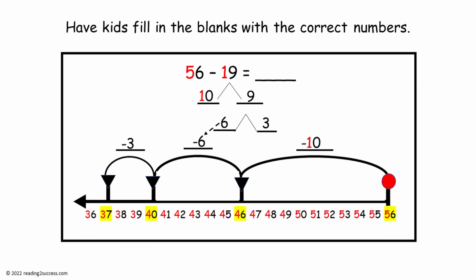Now show that the 6 was taken from the first part of 9, 6 ones, so 46 minus 6 ones equals 40.